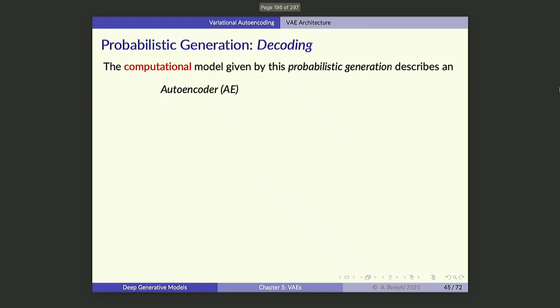Now, let me start with the idea of autoencoding. So what is autoencoding? What is happening right now is that you have one Q, which starts from one data sample and gives you some distribution of the latent, right? Forget about the concept of distribution. It takes the data, it gives you latent, right?